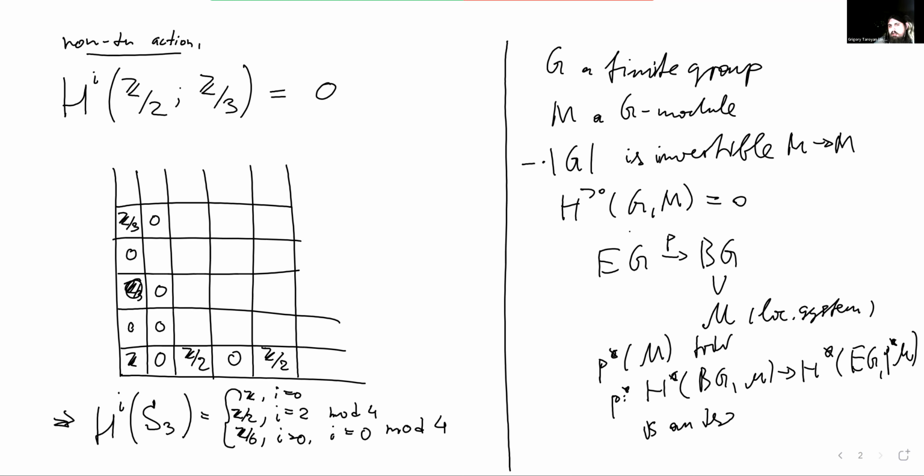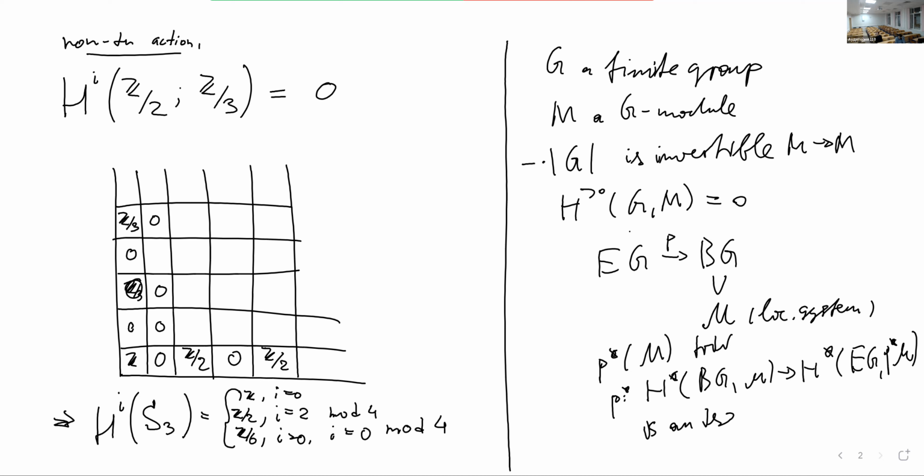Because if it is, then obviously the functor of invariants, when multiplication by the order of G is invertible, is a retract of the identity functor, because invariants are the image of the projector operator, which is constructed by averaging over the action of the group on the module.